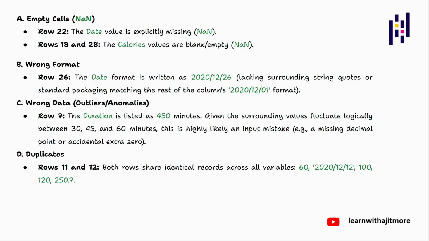In short, in the CSV file which we loaded, all four types of bad data for data cleaning are identified: the empty cells, the wrong format, the wrong data, and duplicates. If you remove everything from our CSV file, then that CSV file becomes eligible for further analysis work.